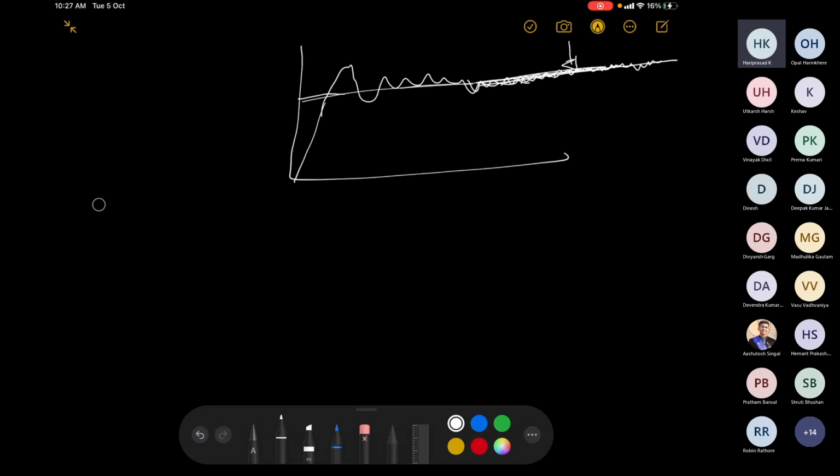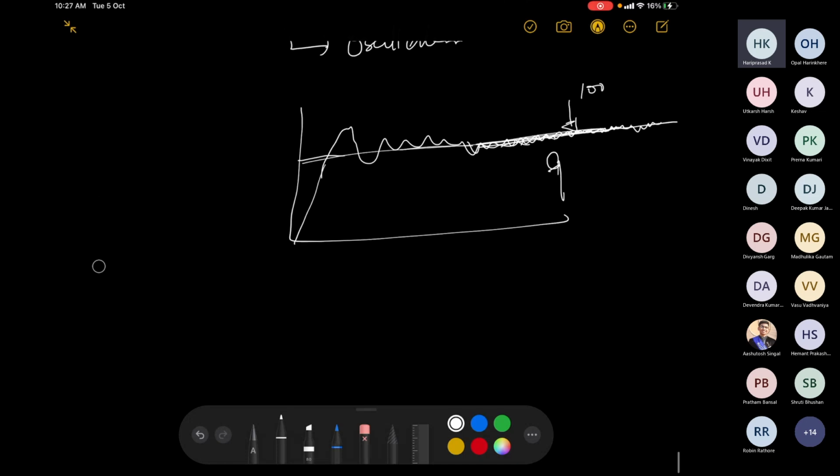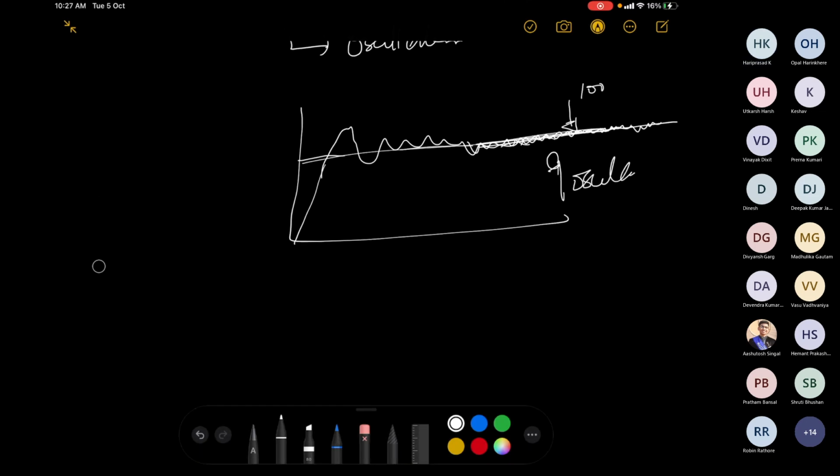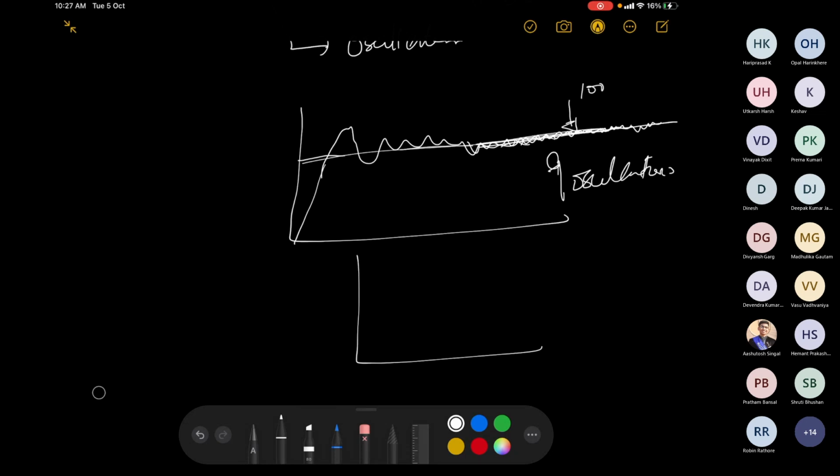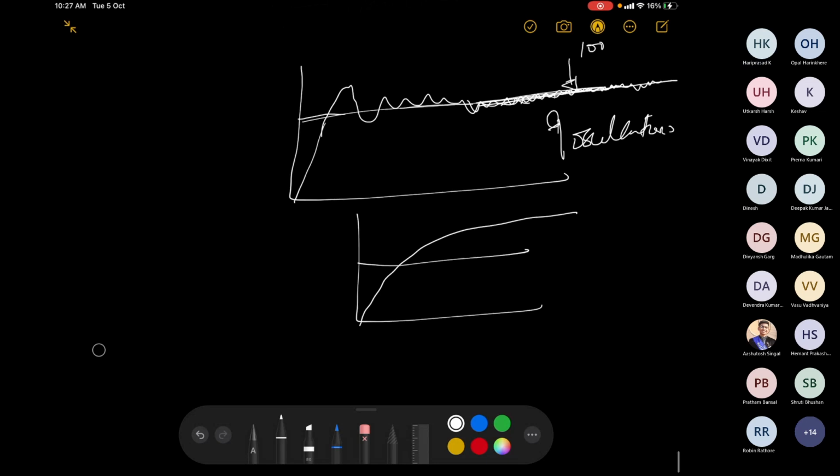So offset is something like this. This is oscillation, while the offset is something like this. You have a set point and finally your system operates like this. This is the set point and this is your YM.